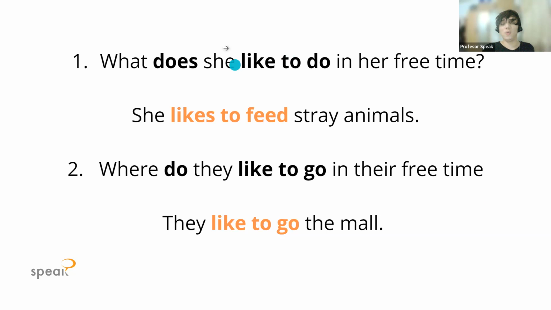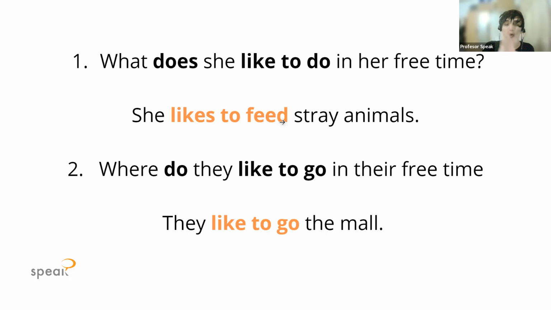What does she like to do in her free time? But teacher, we are using she. Why are we using like without the S? Do you know the answer? Because in that case the auxiliary takes the S. Exactly.